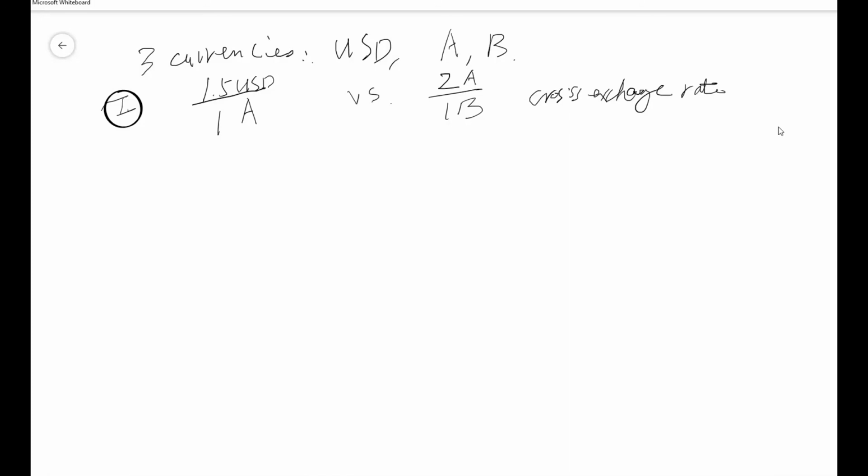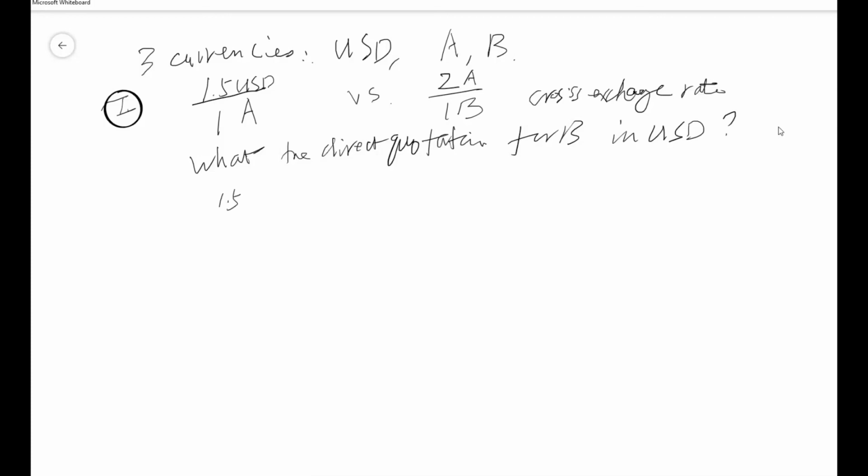Our objective is the direct quote for B in US dollars. This is like our notation for case number 1. For case number 2, we use indirect quote. If we look at these two ratios, this is A as denominator, this is A as numerator.